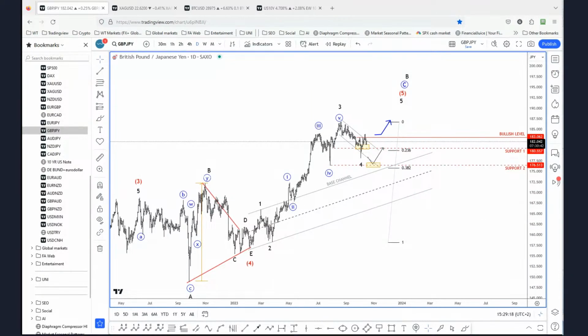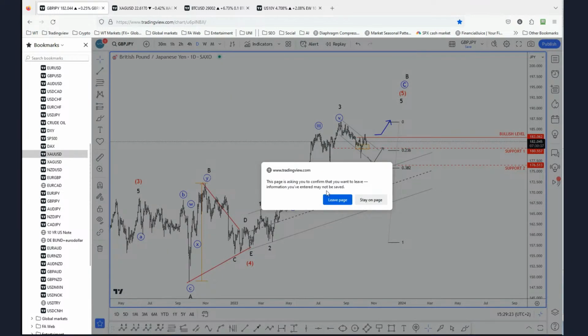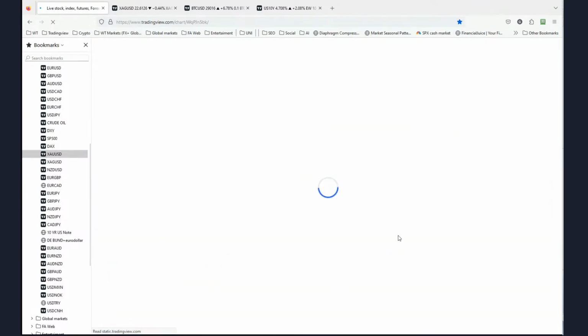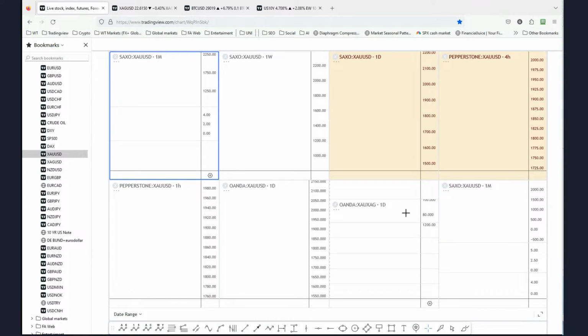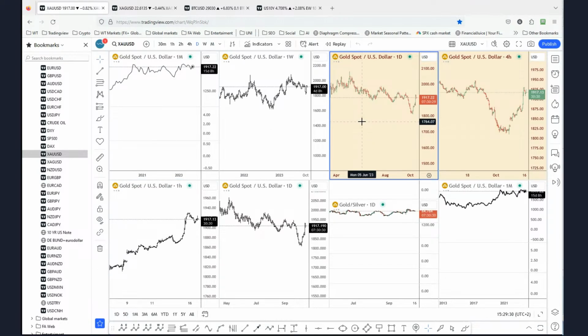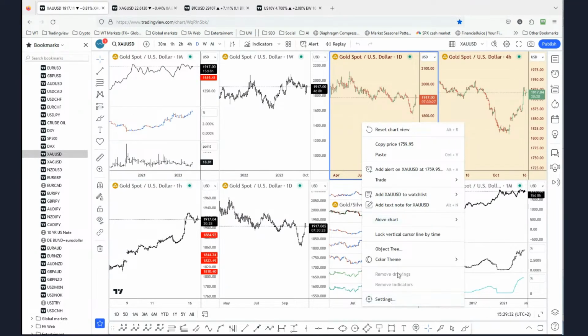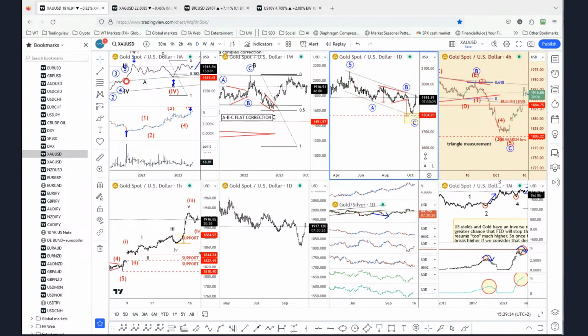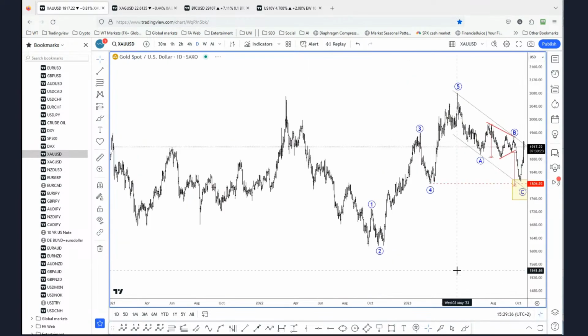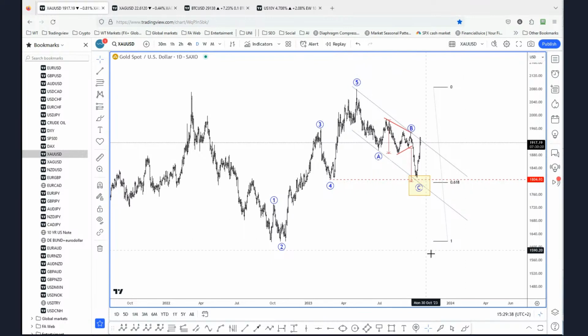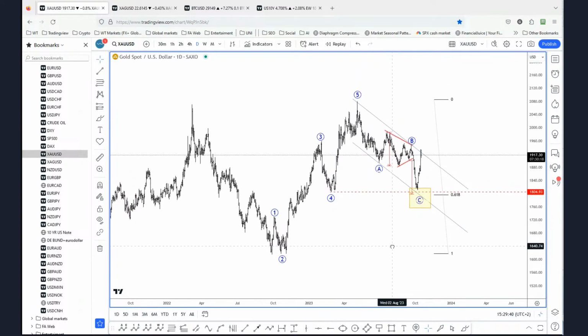Now, let's take a look at gold and silver. These were very strong movers, and if you were with us in our past webinars, then you know that we have been watching metals very closely. Specifically, we focus on gold.